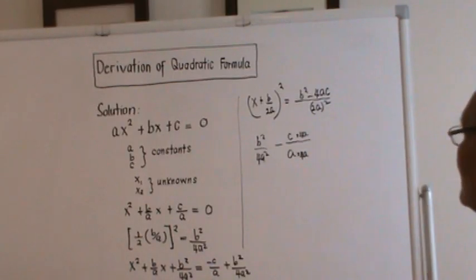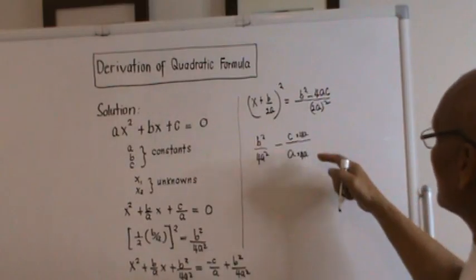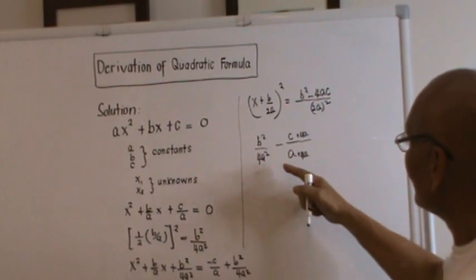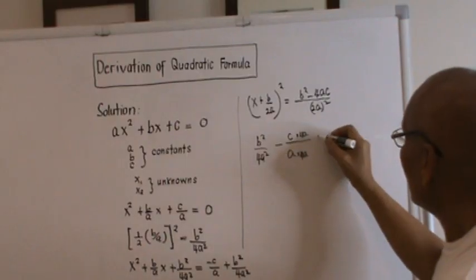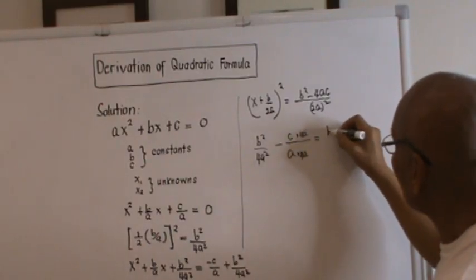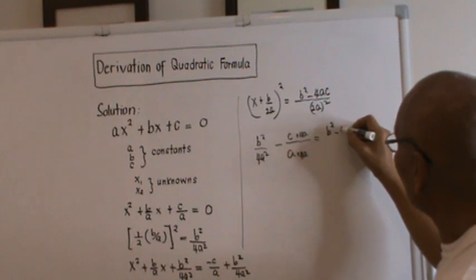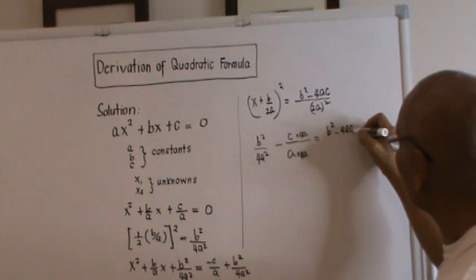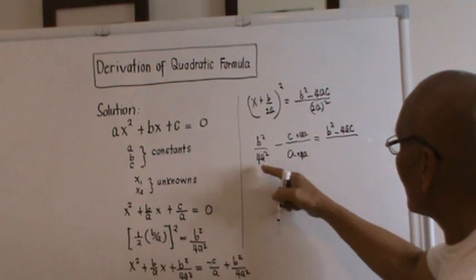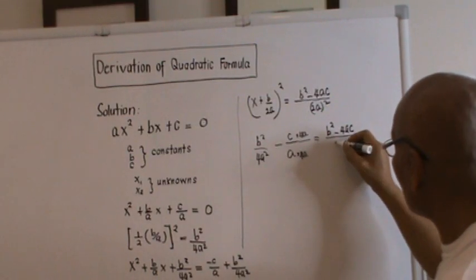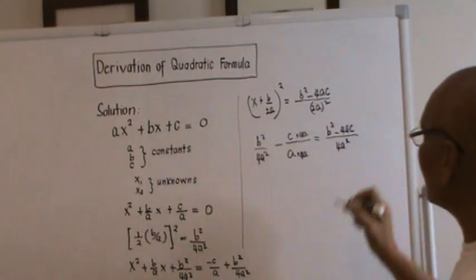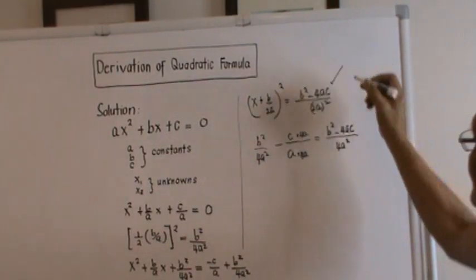Because 4a over 4a is actually 1, so we're only having c over a to combine. If we combine this one, it will become b squared minus 4ac. This is 4a squared, this is 4a squared, this will now be under one common denominator, 4a squared. Okay, it is this.